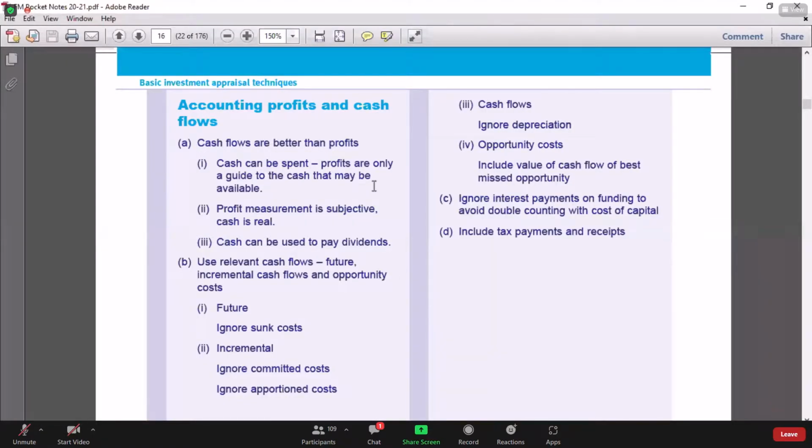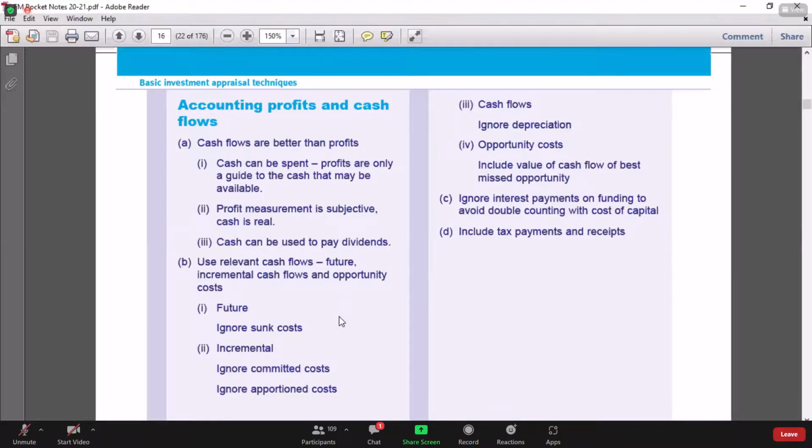So here relevant cash flows means we should consider the incremental cost and opportunity cost, but ignore the sunk cost. Sunk cost means whatever cost has been already incurred; that should not be considered for relevant cash flows.